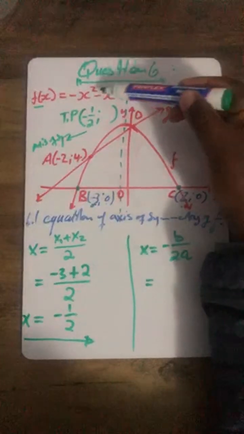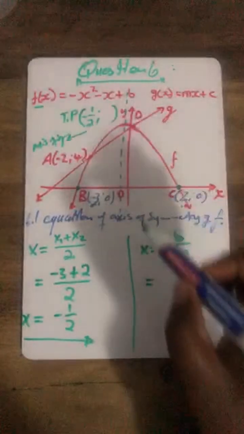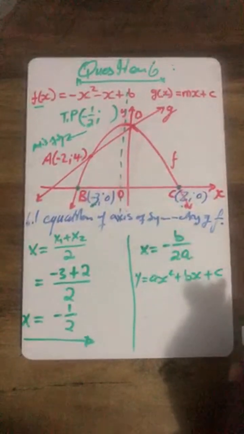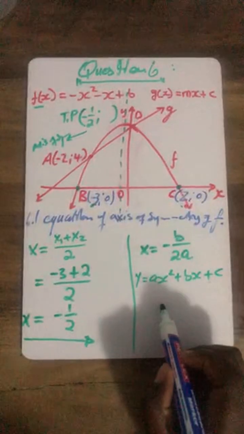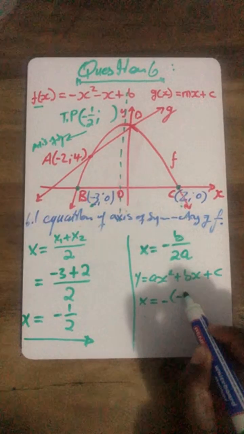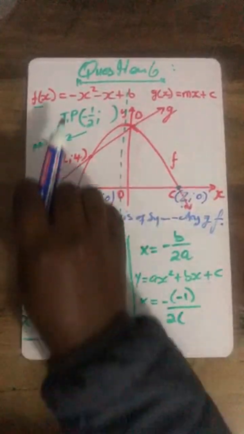What is your b? You take it from the equation. Remember the standard form, x squared plus bx plus c. So that means now you have negative. What is your b value there? It's negative 1, over 2. What is your a value there?